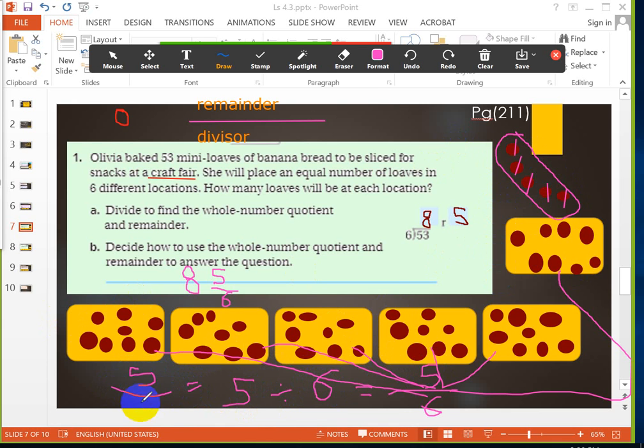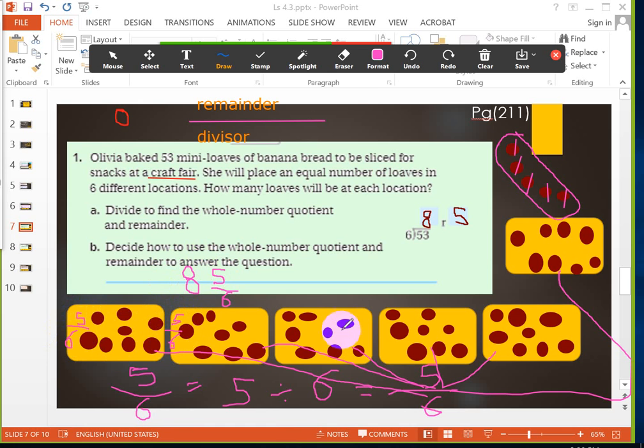You remember, 5 divided by 6 means 5 over 6. I can write it as a fraction. That's why I told you, you have to write the remainder over the divisor. This is the equal amount that each location will take. That means more than 8, I will give each one 5 over 6. This one will take 5 over 6, and this one also.